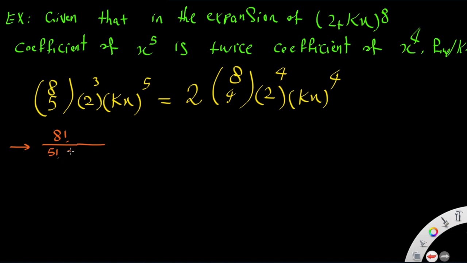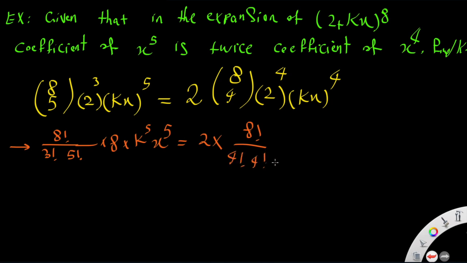So 8C5 times 2 to the power of 3 times k to the power of 5, x to the power of 5, is equal to 2 times combination of 8 and 4, which would be 8 factorial over 4 factorial 4 factorial, times 16 k to the power of 4 x to the power of 4.